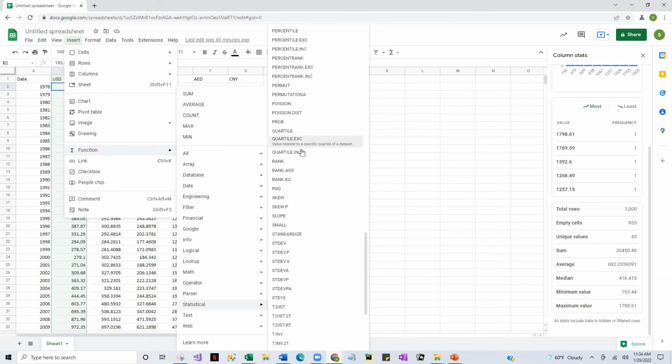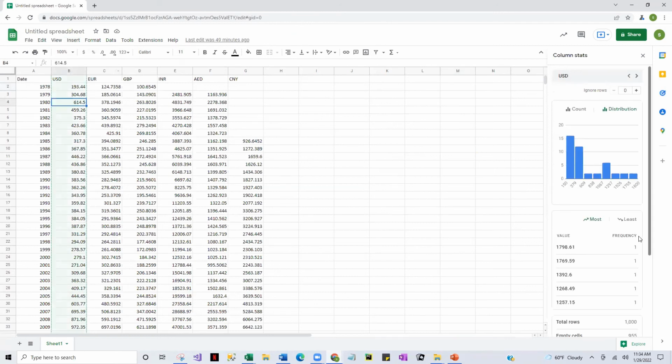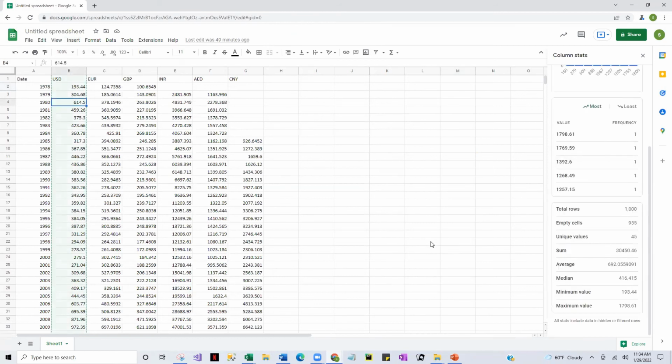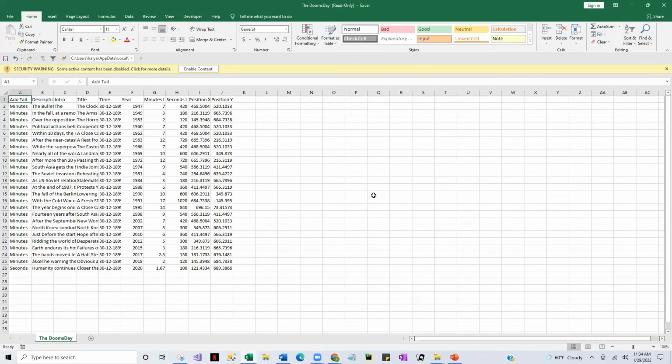So you can do the same thing in a Google Doc. The formula is just a different way to get it. When you click on the column in Google Sheet, you can get this one. In Excel, you will do it by the analysis tab.